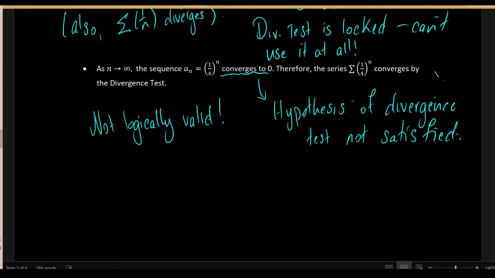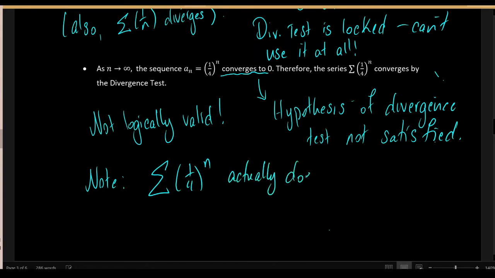So their argument is incorrect. Now, their answer is actually right. This series actually does converge. But the student's rationale, their argument, their reasoning is flawed.